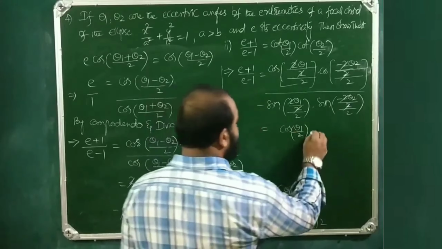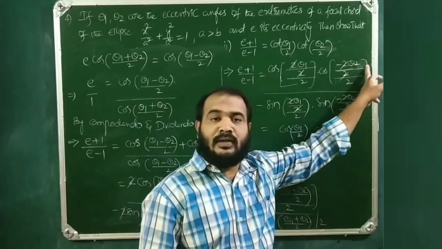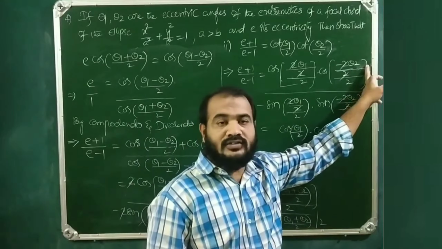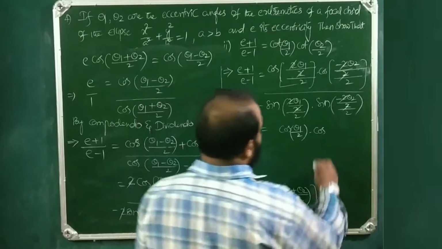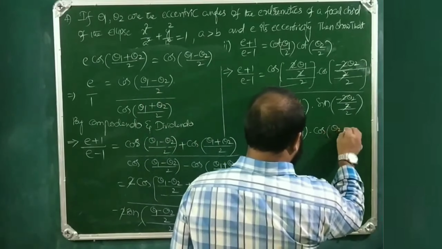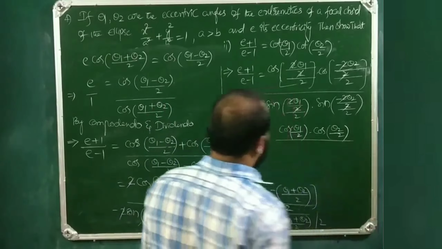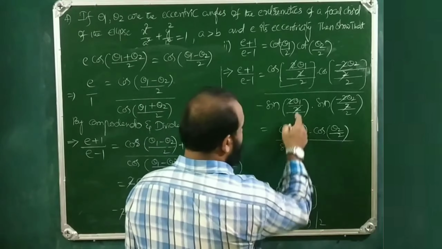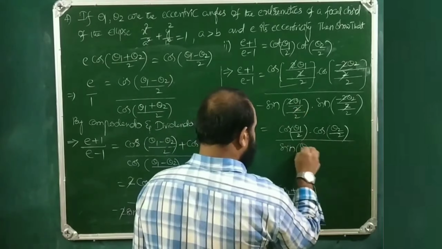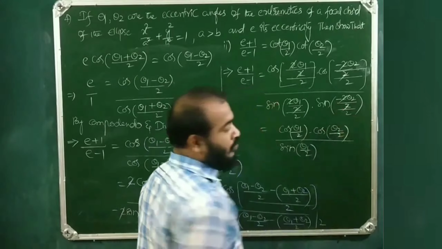This is cos of minus theta 2 by 2, which is plus cos theta 2 by 2, because cos is an even function. So cos theta 2 by 2 divided by sine theta 1 by 2 times sine of minus theta 2 by 2.